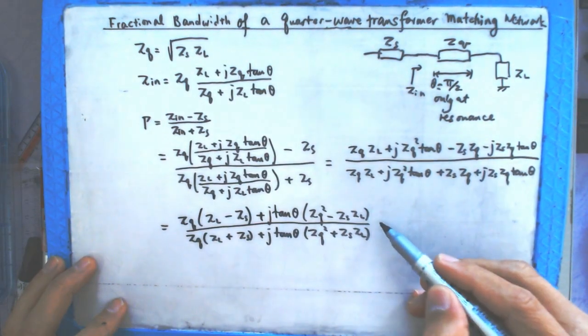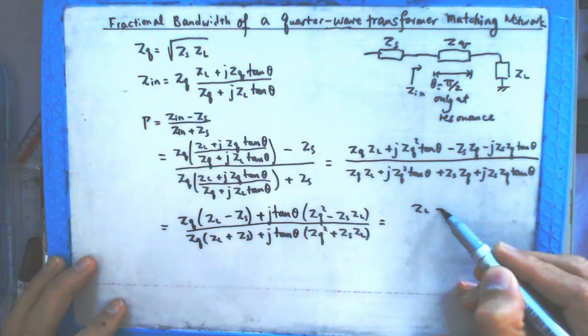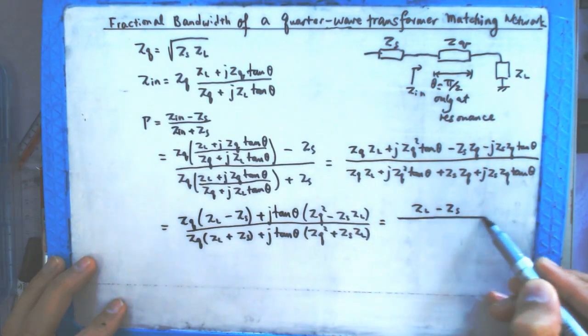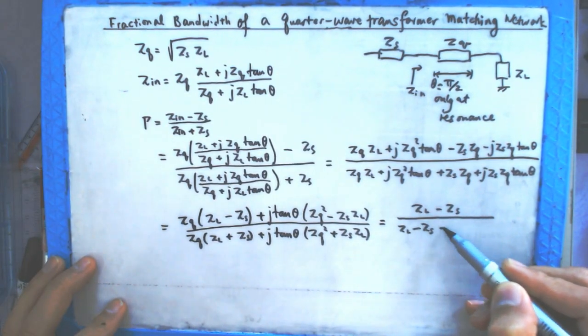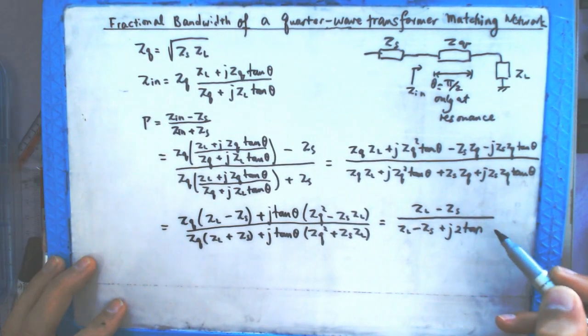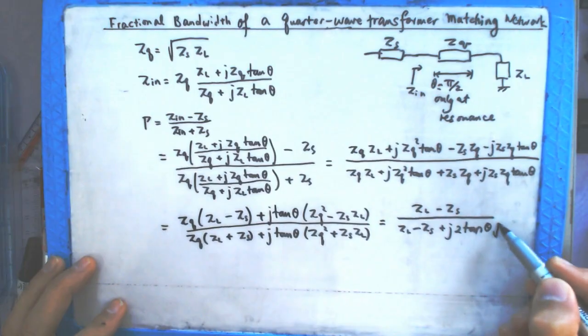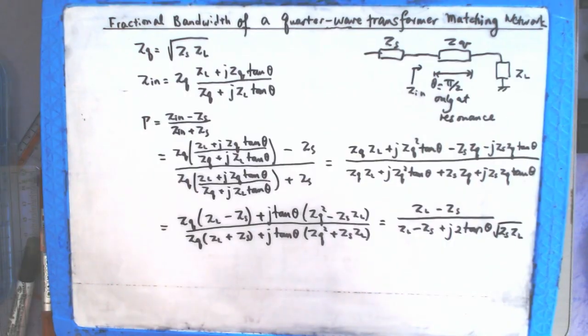Eventually, what you will get is ZL minus ZS over ZL minus ZS plus j2 tangent theta, and then square root of ZS ZL. You need a little bit of algebraic manipulation in order to get to this stage. But don't worry, it can be done.